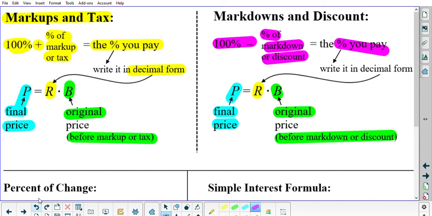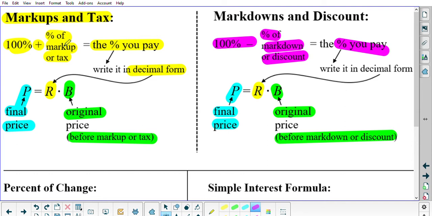So, bottom line, it's going to be 100% plus the markup or tax percent, if it's markups or tax. But if it's a markdown or discount, then that comes off the original price. So it's going to be 100% minus the percent of markdown or discount to give you the percent that you pay. So, normal example, in Pennsylvania we have 6% sales tax.